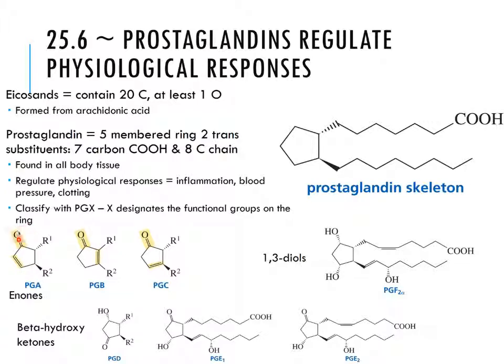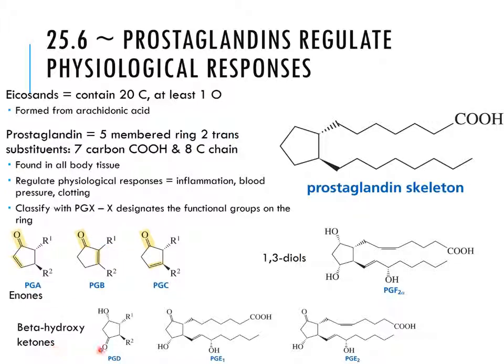They have that 5-membered ring. They each have a ketone. They each have a double bond, and then they each have those two substituents because that's part of the prostaglandin definition. And if they aren't on a double bond, then they do have that trans configuration. Over here, because of that double bond, trans just isn't an option.